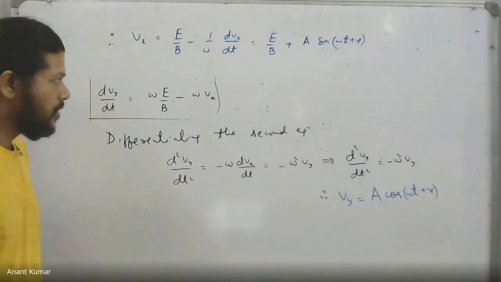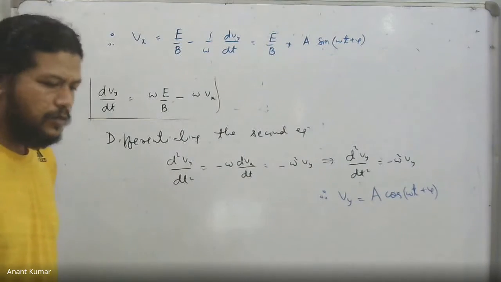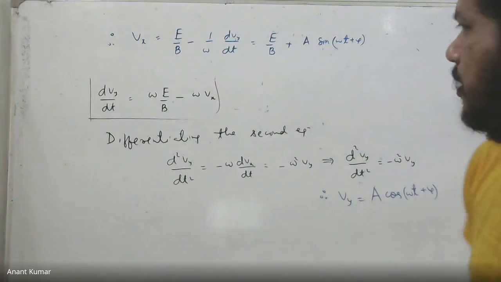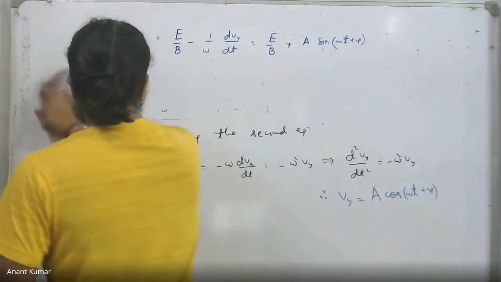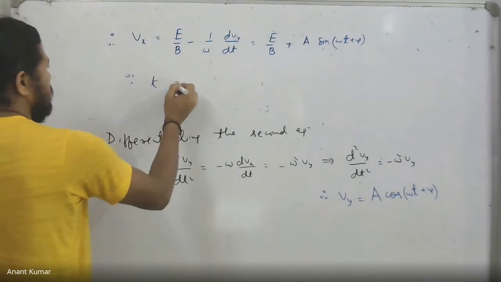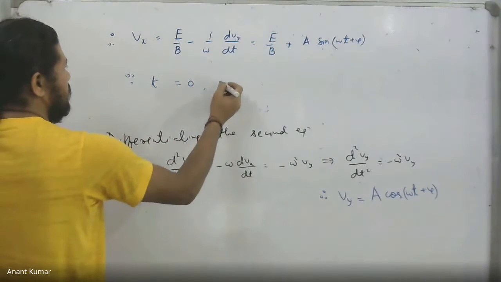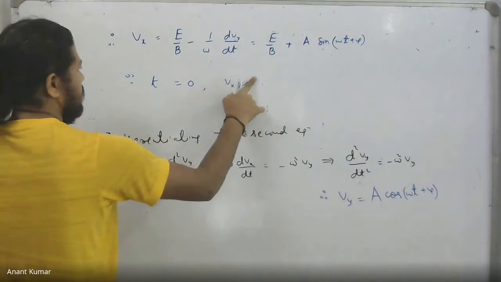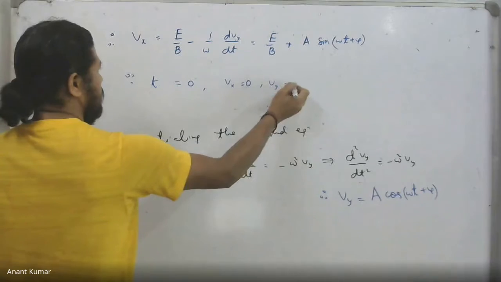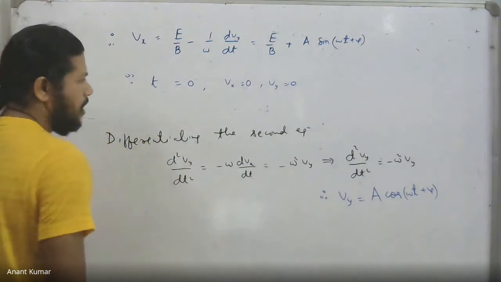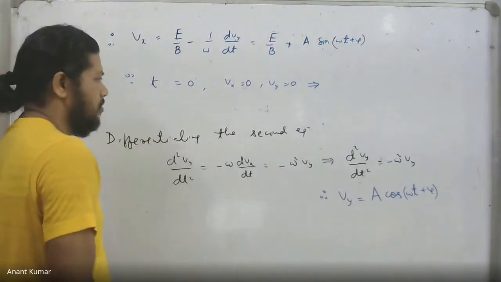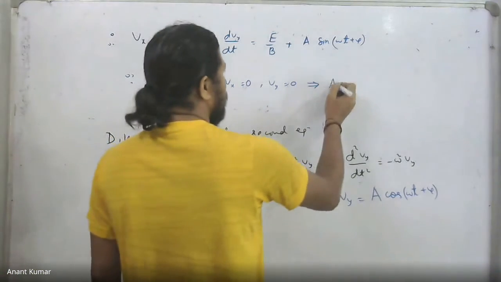So I can use now the initial conditions. We know that at t equal to 0, Vx is 0 and Vy is 0 actually. So from there what can I get? That will give us in this case, Vy is 0, so I get A cos phi must be 0.